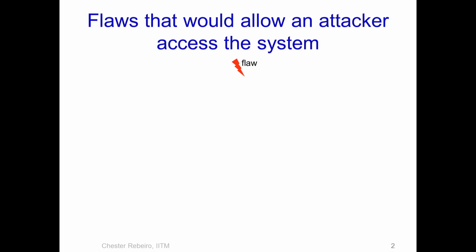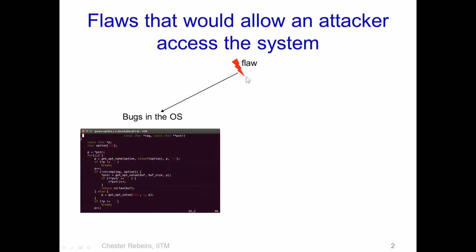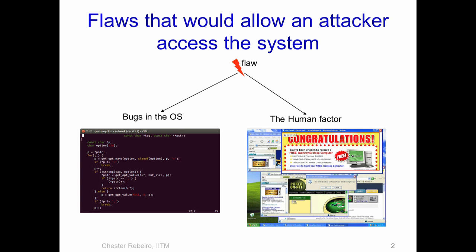When we look at how an unauthorized user or attacker could gain access into the system, we see that it is just by flaws present. There are two types of flaws that a system can have. One, it could have bugs present in the application or the operating system, or it could have flaws due to the human factor.